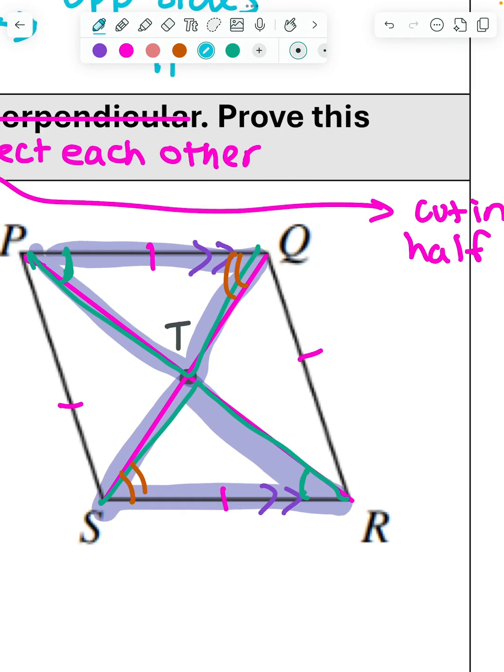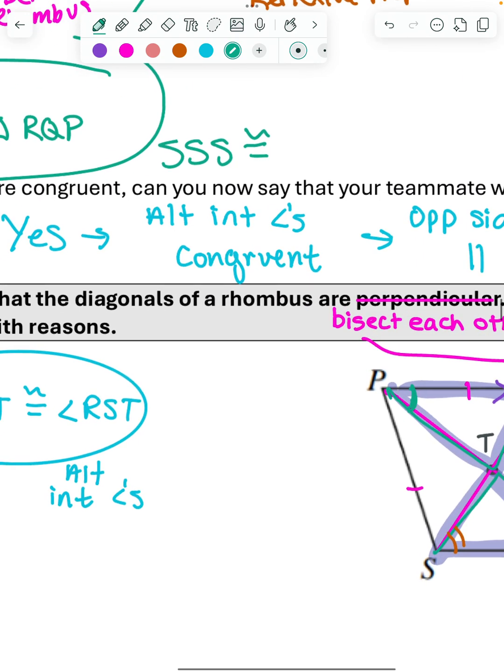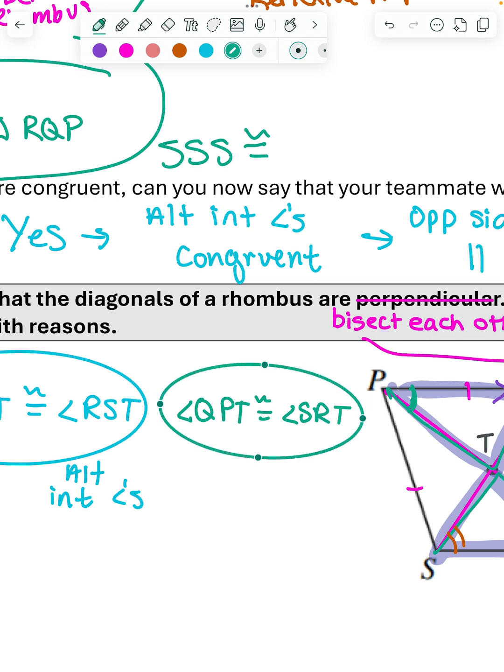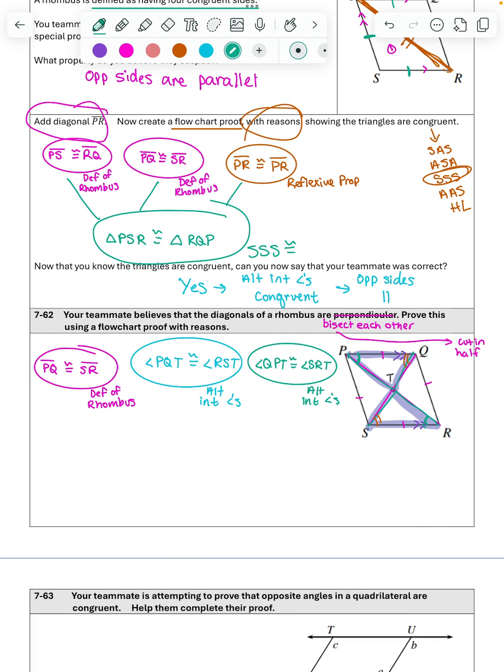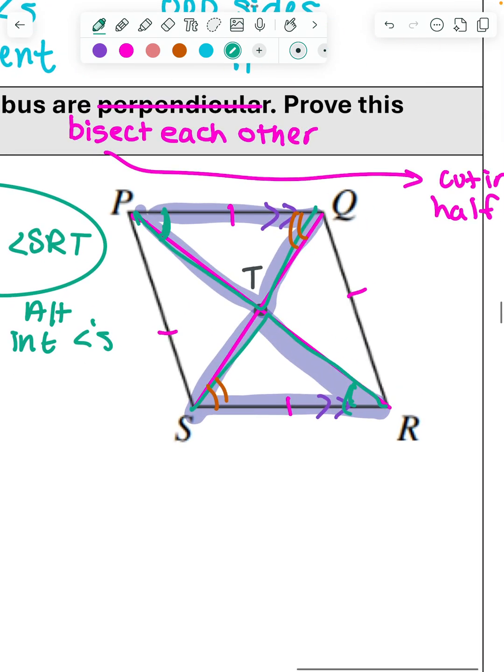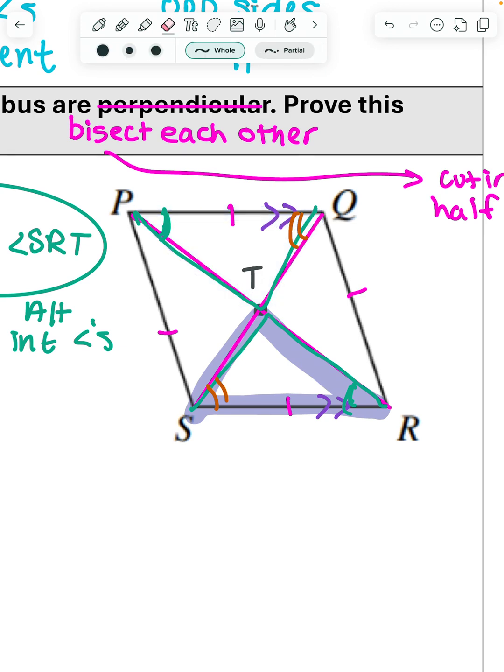And then for my second set of alternate interior angles here in green, I'm going to do the same thing. Angle QPT is congruent to angle SRT. And again, that is because they are alternate interior angles. And now we have two triangles with SAS, side, angle, side, congruency.